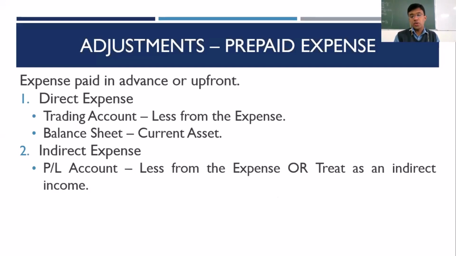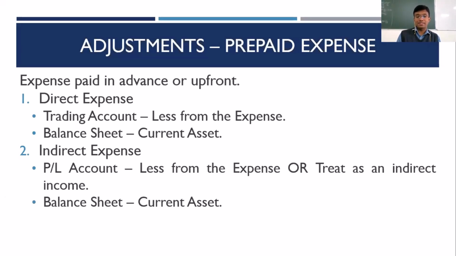So there are two ways you can handle this. Likewise, in the profit and loss account, you can subtract it from the main expense, or you can treat it as an indirect income. This is the first treatment of indirect prepaid expenses.